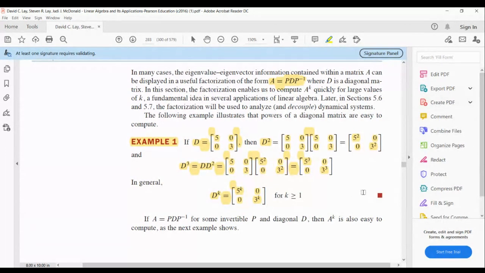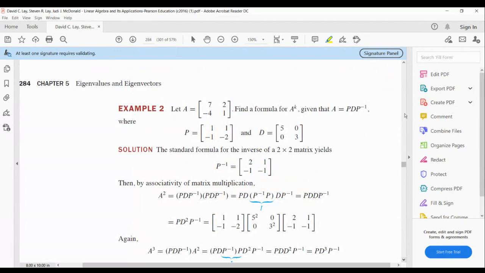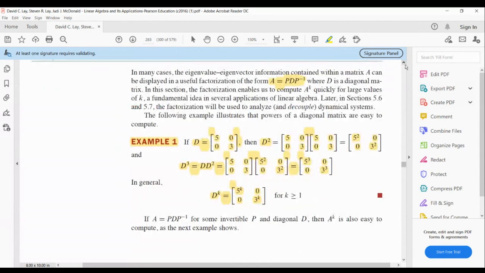Okay, so now, why is this helpful? Well, first of all, are there any questions on that? So far, so good. Okay, good. Well, let's go to example 2 now.